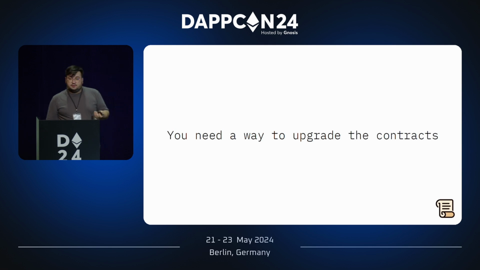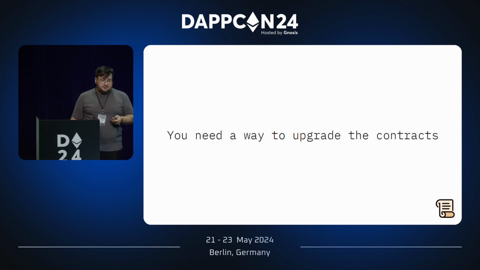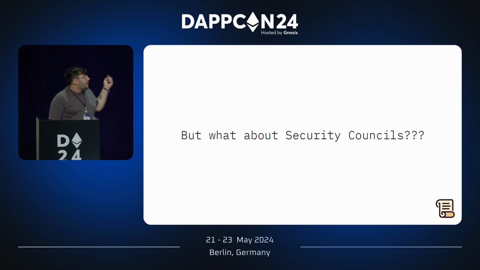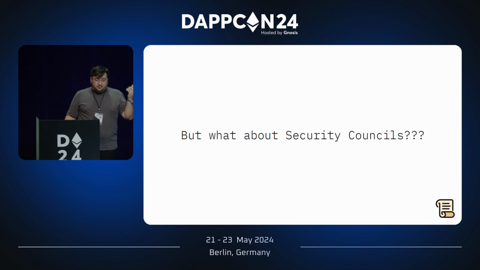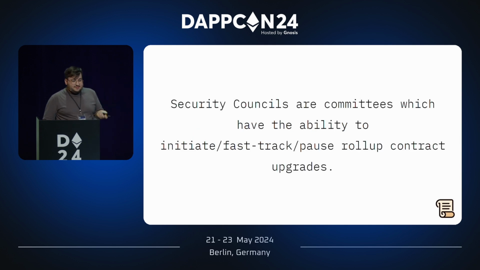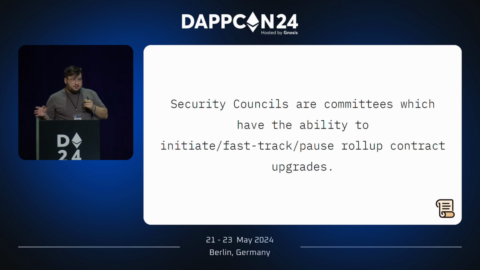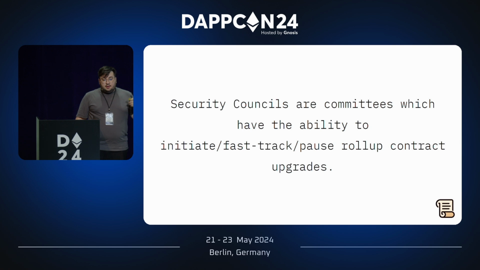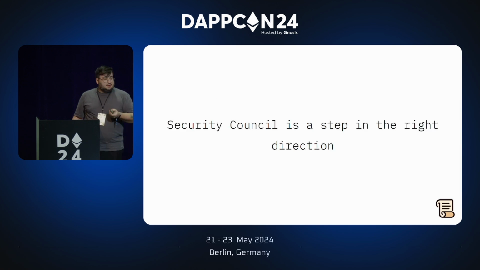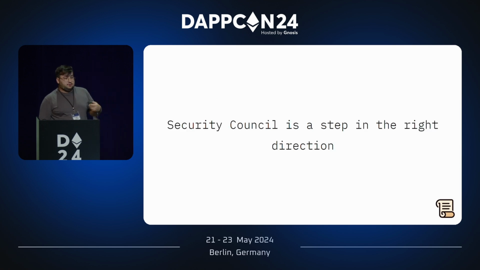And currently, most of the solutions involve some form of multisig. But you might rightfully point out that, oh, yeah, but security councils are a thing. You don't need a multisig. But what is a security council? Security councils are committees that have the ability to initiate fast-track post-rollup contract upgrades. It depends on the specific implementation of the security council, and it usually consists of external parties.